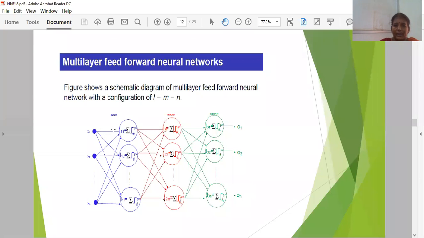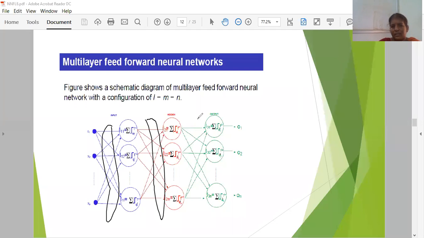So here you have one set of input weights. Okay, here you have another set of middle layer weights and another set of output weights.